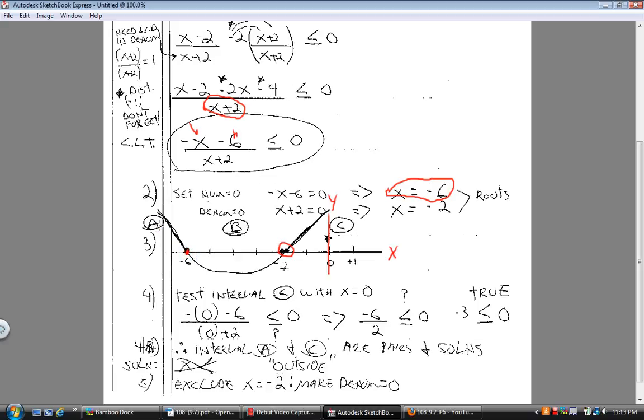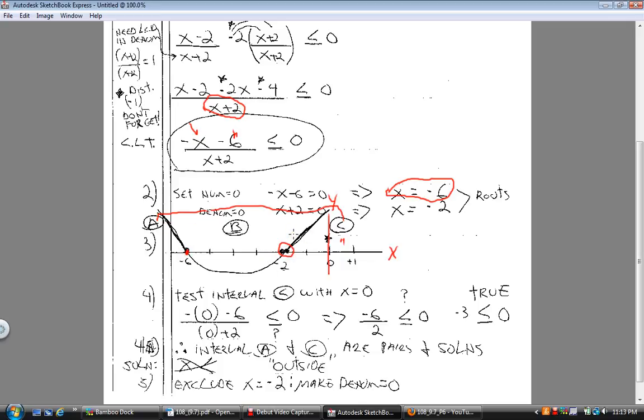We can assume it's going to open up, and we're going to have our 3 intervals. A is on the outside, B is in the middle like we've done before, and C is on the right-hand side. Notice where 0 is: it's in the C interval. That should be your clue to test that interval. A and C are always going to be paired. In this case, they are where you are above the x-axis.